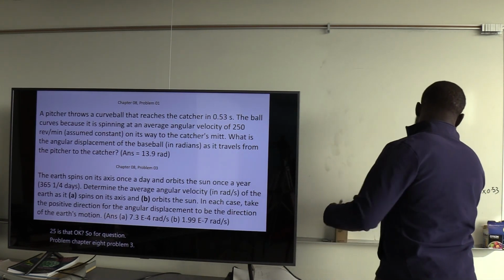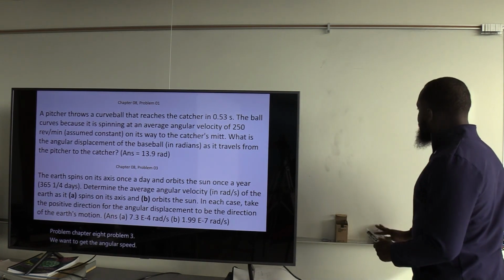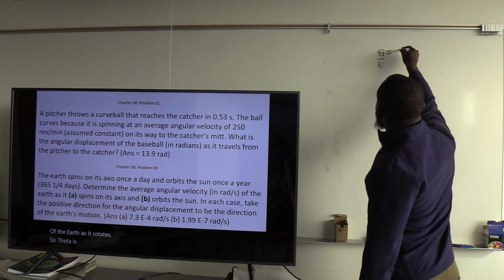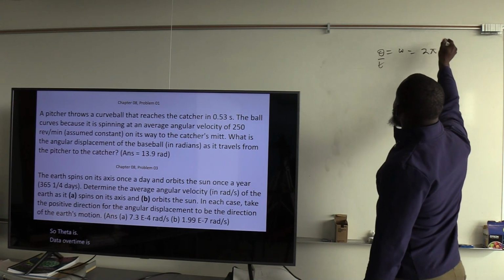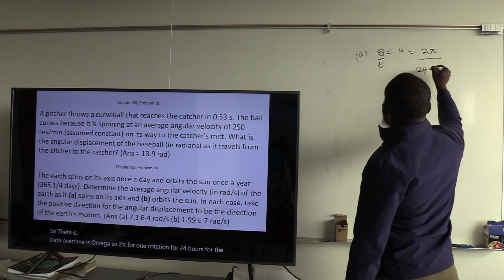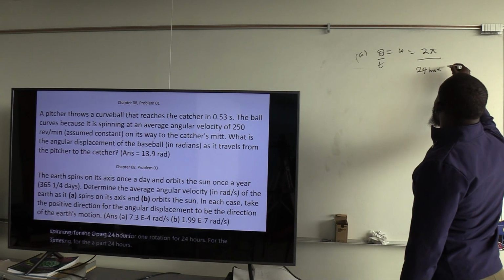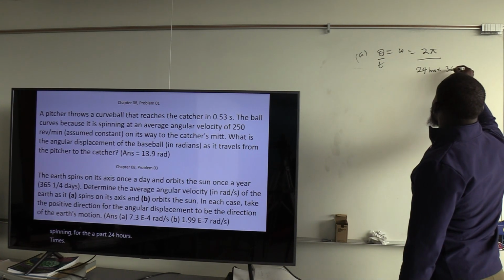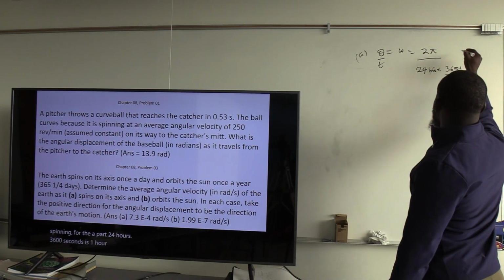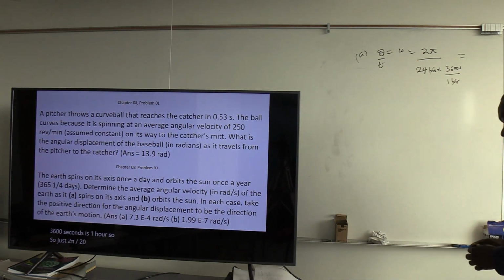we want to get the angular speed of the Earth as it rotates. So theta over time is omega. So 2 pi for 1 rotation for 24 hours for the spinning for the A part. 24 hours times 3,600 seconds is 1 hour. So just 2 pi divided by 24 times 3,600.